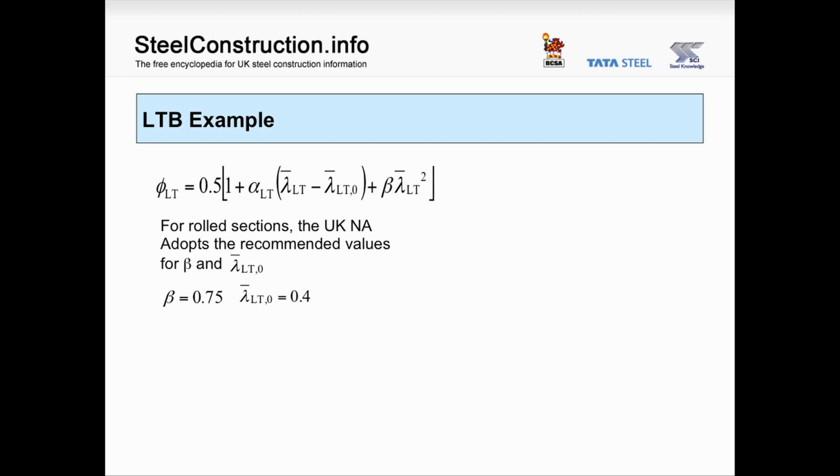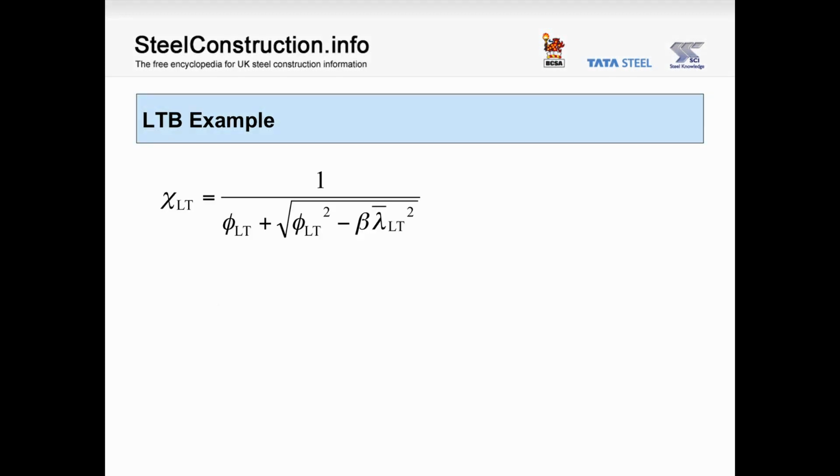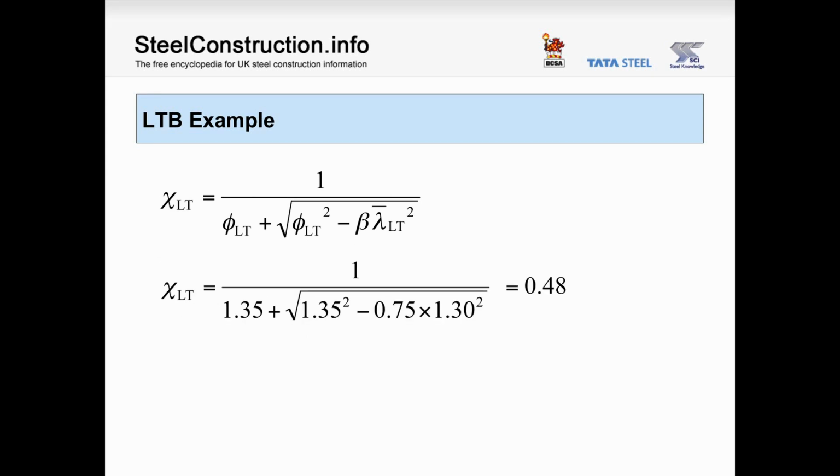So as we calculate phi LT, we'll use beta as 0.75 and lambda bar LT0 as 0.4. So substituting everything we know for phi LT, the value of phi LT is 1.35. We can then calculate chi LT. Again, we're going to use the recommended value for beta, and chi LT equals 0.48.